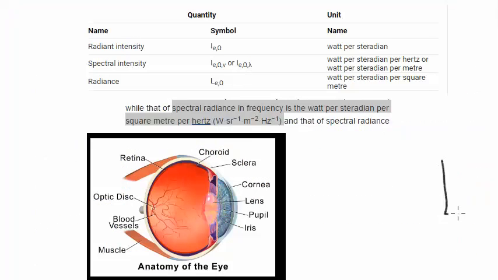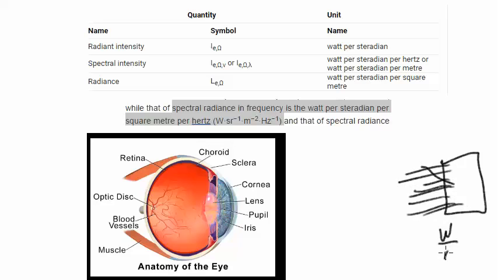So if I had the object over here, it would emit an amount of light that was measured in watts per meter squared.